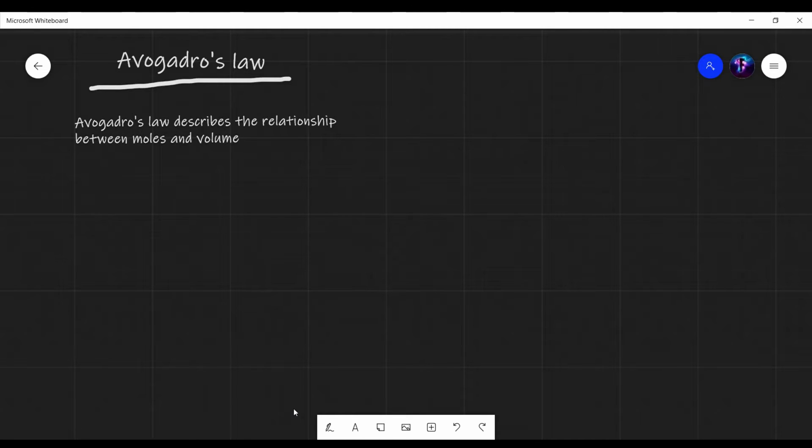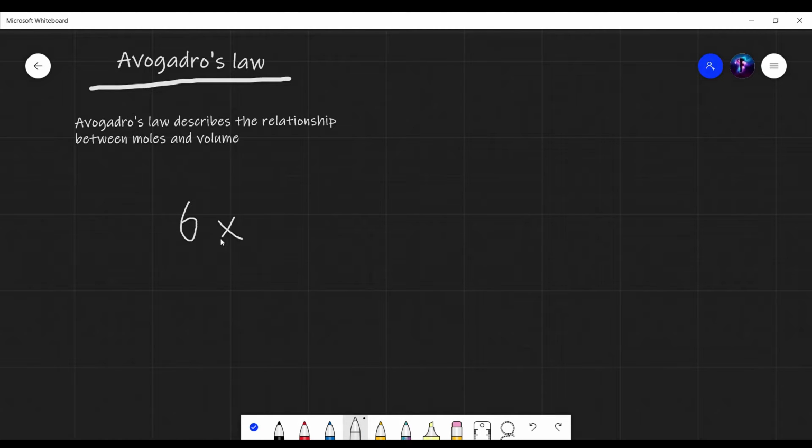Anyways, Avogadro's law describes the relationship between moles and volume. So, moles, also known as Avogadro's number, is 6 times 10 to the 23rd power.